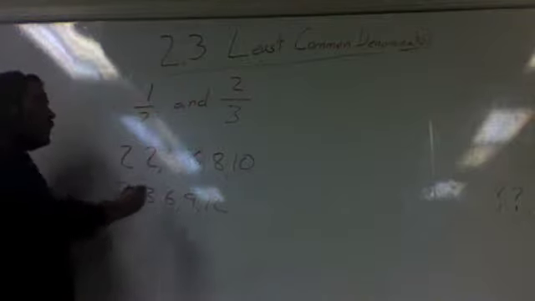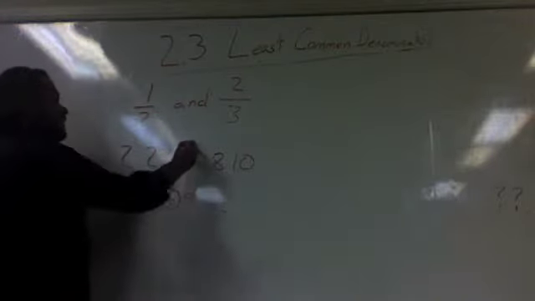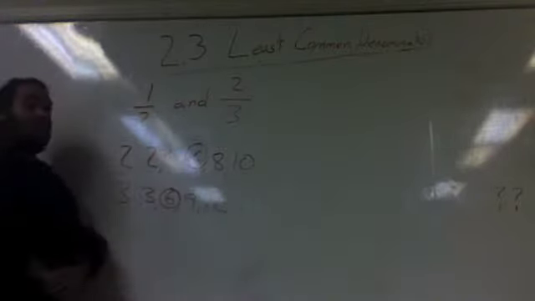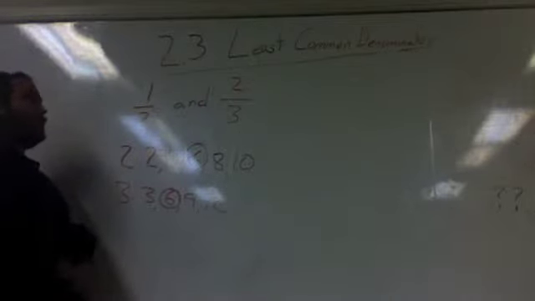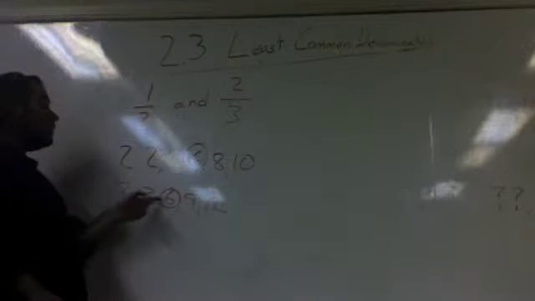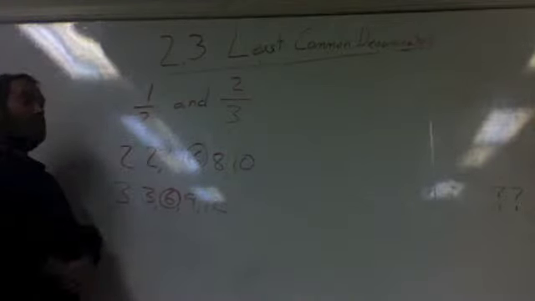As you can see, both of these numbers have 6 as a common multiple, and that would be their least common multiple. Here's where it gets a little bit more tricky. What we want to do is change both of these fractions so that the new denominator is a 6. That way they will have the same denominator, and we will be able to more easily add and subtract them, which is what we're going to be doing next.